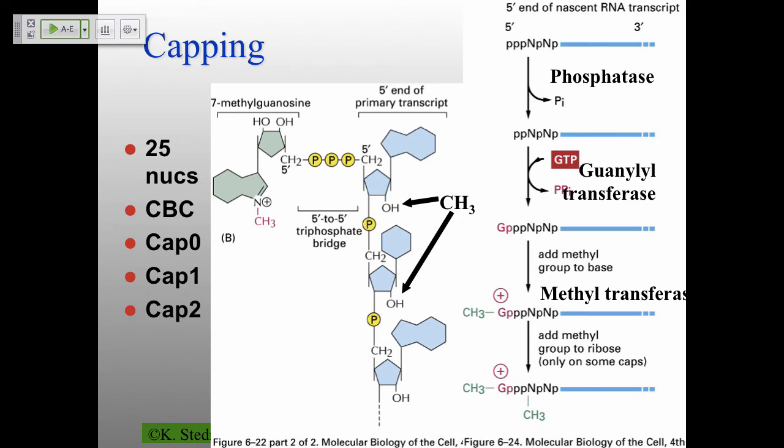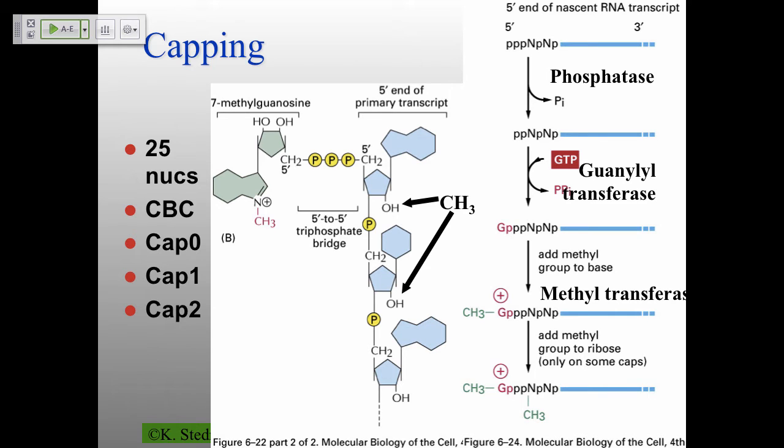So how do you get this really bizarre structure? 5' to 5'. We've never seen 5' to 5' happen before. So how does that happen? First, you have your normal transcript, which is made. And the first thing that happens is one of the phosphates is taken off at the end. So you have the triphosphate. Why triphosphate? Because RNA polymerases are great. They can start a polynucleotide chain with a single nucleotide, and so they always have those triphosphates at the end.